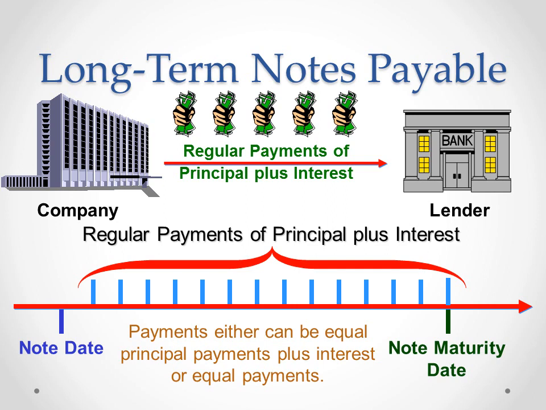And at that time, there is nothing else to be repaid, because the company repaid the principal amount plus the interest over the lifetime of the notes payable. So we call it multiple payments done from the company to the bank over the lifetime of the notes payable. And this is more familiar, more common.